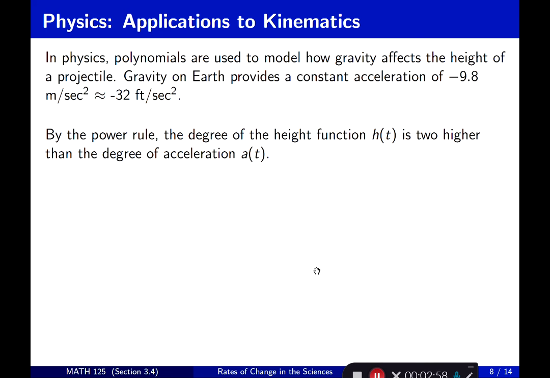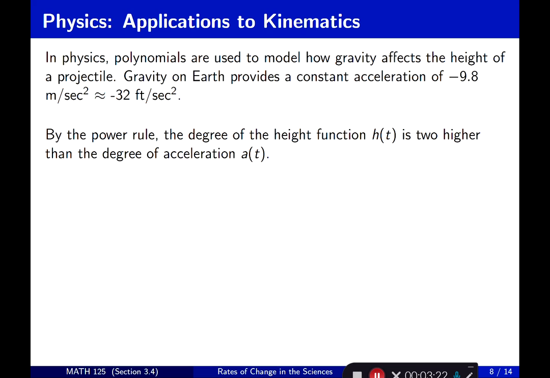By the power rule, the degree of the height function h of t is 2 higher than the degree of acceleration. If I'm using polynomials and acceleration is a constant, I know it has to come from something with t squared.